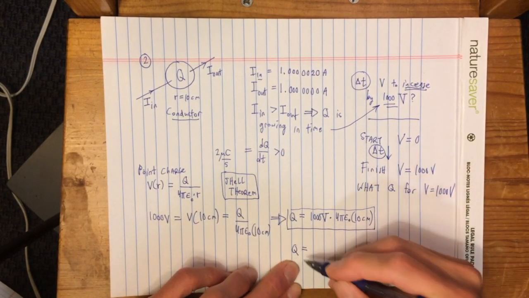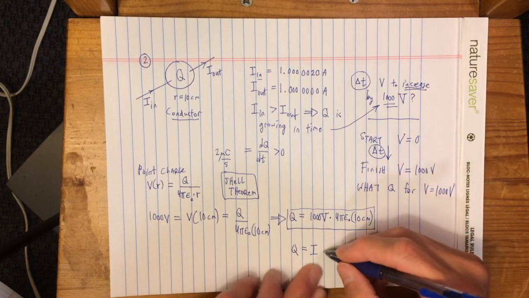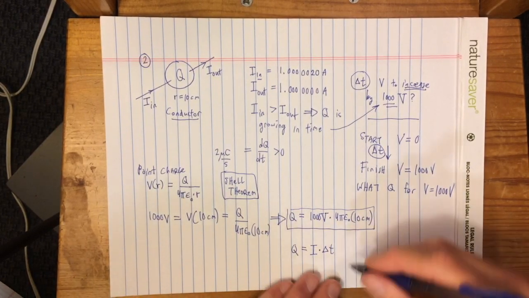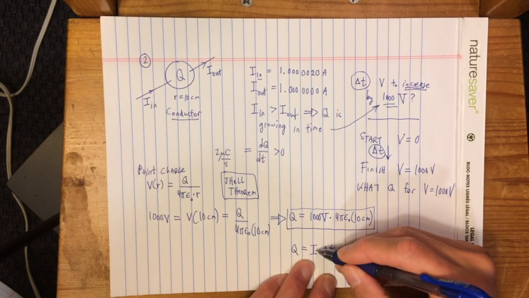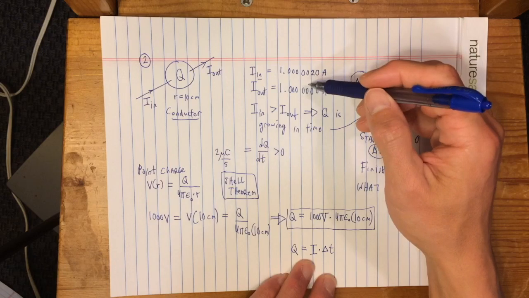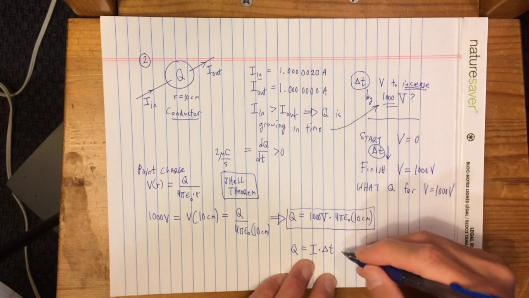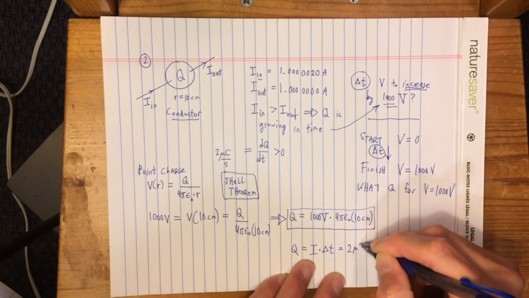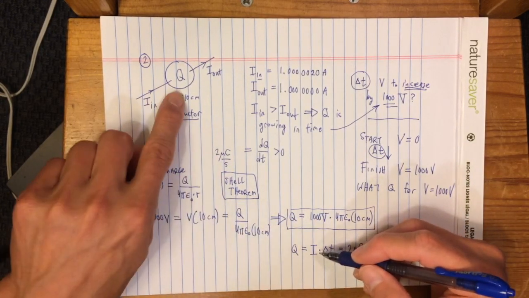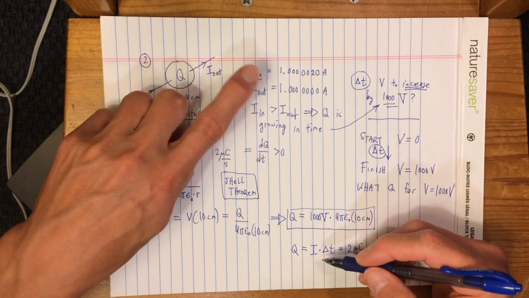The reason that we can have charge is because a current was flowing for our amount of time, like this. And this current is actually the difference between the incoming and leaking amounts, so we'll put in 2 microcoulombs per second. That's the rate at which charge collects here if it comes in at this amount and leaks away at this other amount.